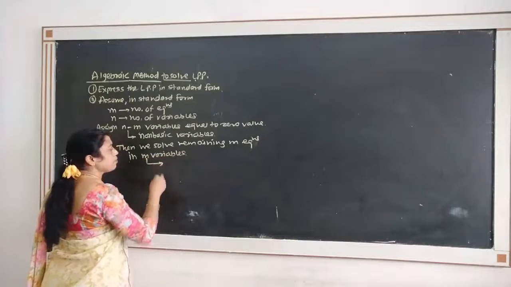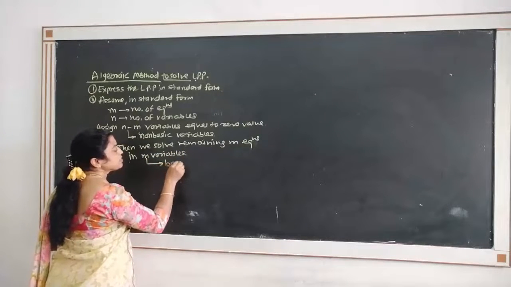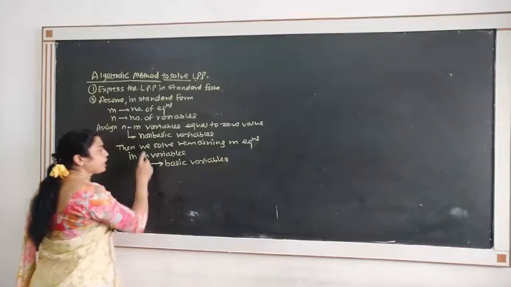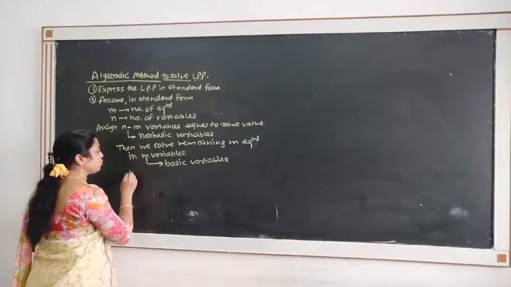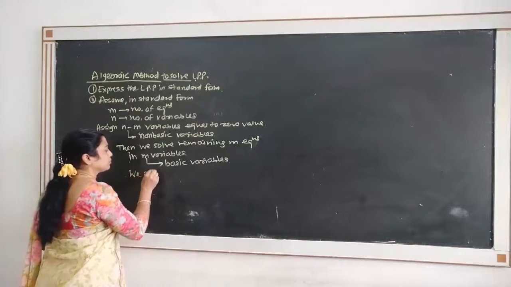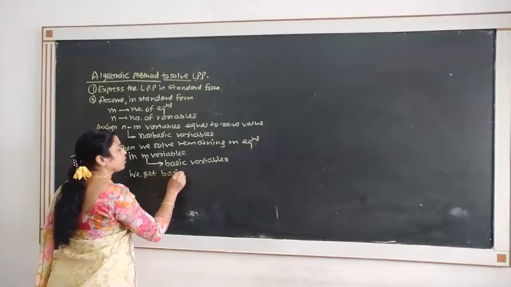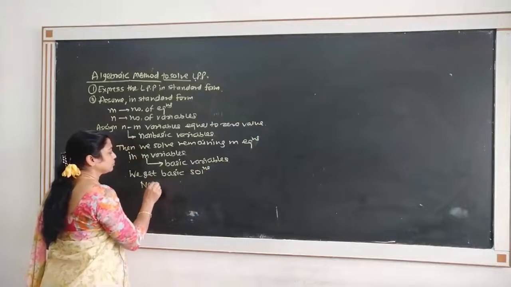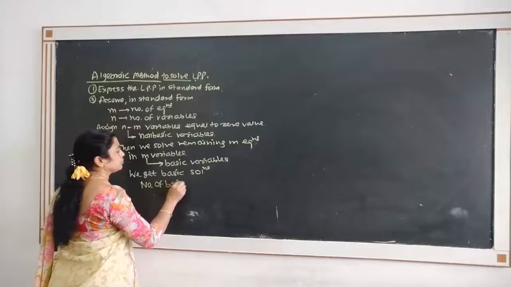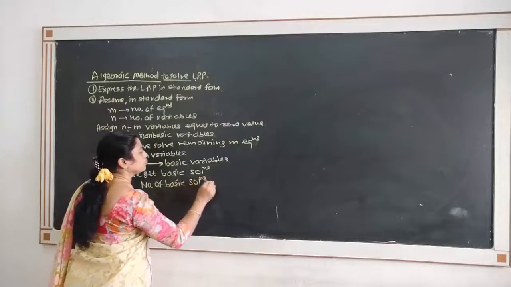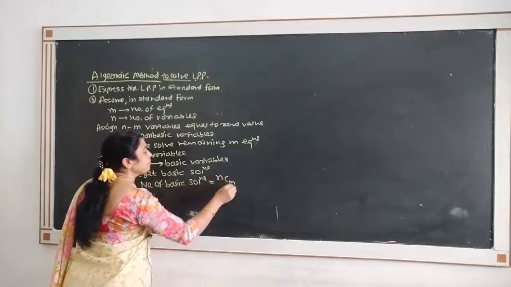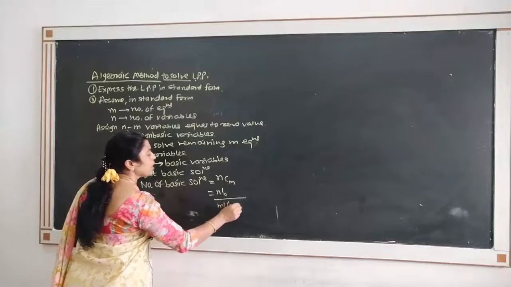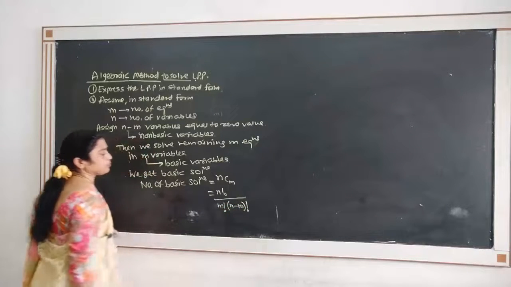These m variables are known as basic variables, and the solution obtained by this is the basic solution. The number of basic solutions is equal to nCm, that is n factorial upon m factorial into n minus m factorial.